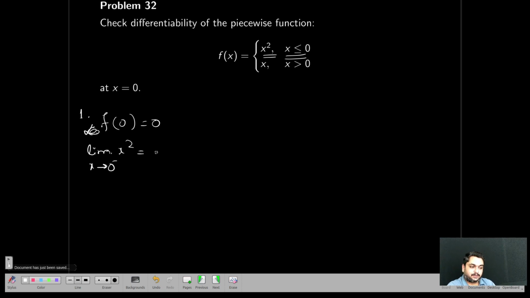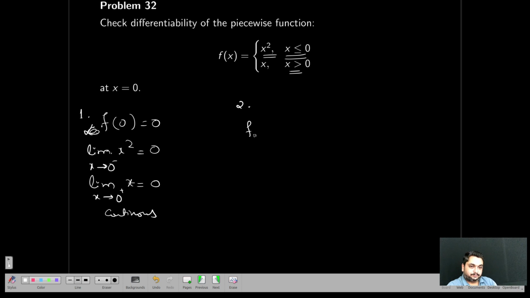So this will be again equal to 0. Then right hand limit. X approaches 0 from right hand side. So now I have to consider x, because x greater than 0 is right hand. So this will be equal to 0. So they are continuous. Now check the differentiability.